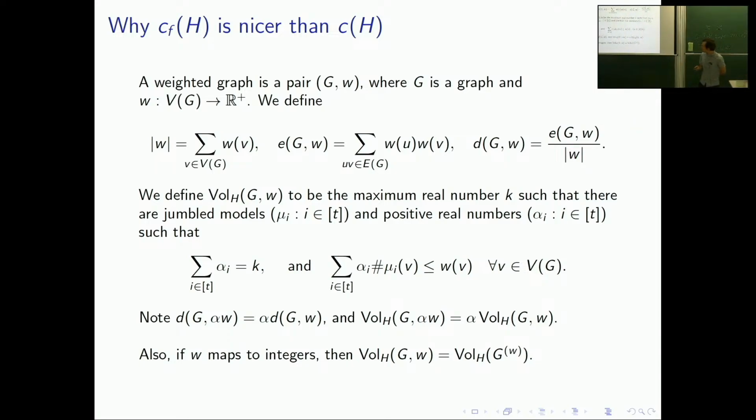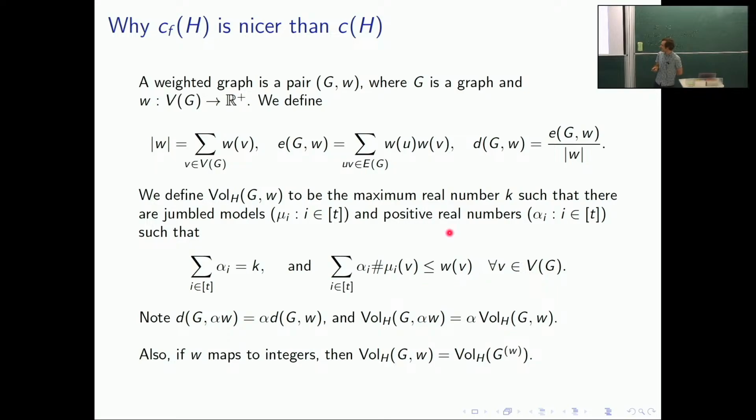And we can define a jumbled model for weighted graphs in a very similar way to the way that we define them for graphs. But previously this condition was that for every vertex, the total overlap multiplied by the weights of the jumbled models was bounded by 1.